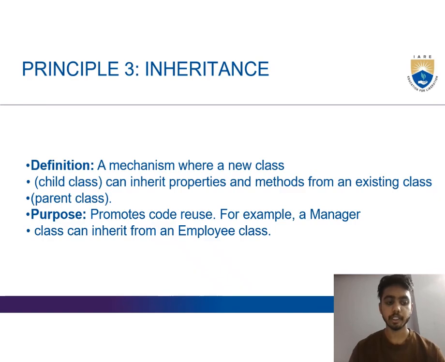Now you can create a class called Manager that inherits from Employee and adds its own method, say approve leave. This saves coding effort, avoids duplication, and helps maintain consistency across similar objects.